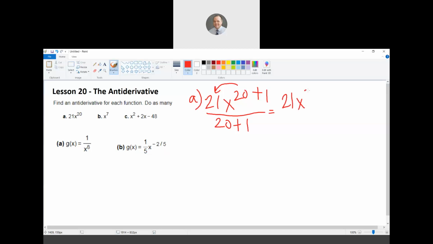Simplifying, we get 21x to the 21st power over 21, and the 21s cancel out, giving us x to the 21st power plus our unknown constant c.